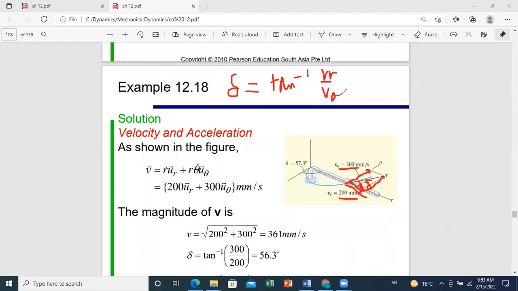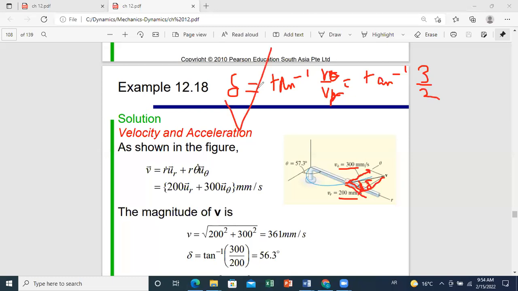So this will give you 2 over 3. Sorry, the other way around, V theta over VR. So it's tan minus 1 of 3 over 2, which is 1.5. And then you can get your angle delta.